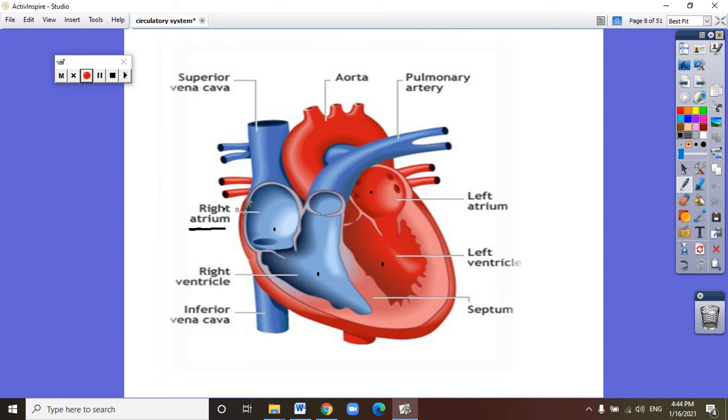So in the right side we have the right atrium, the upper chamber. The upper chamber in the left side we call the left atrium.